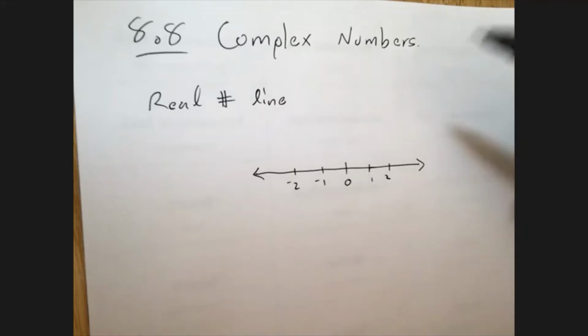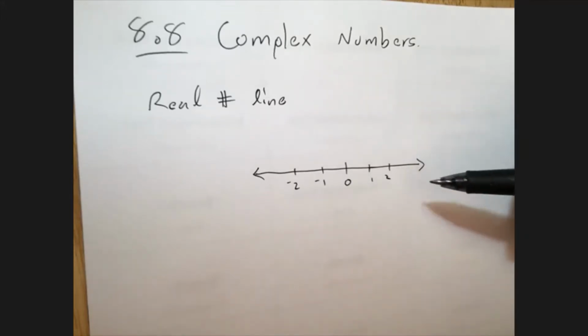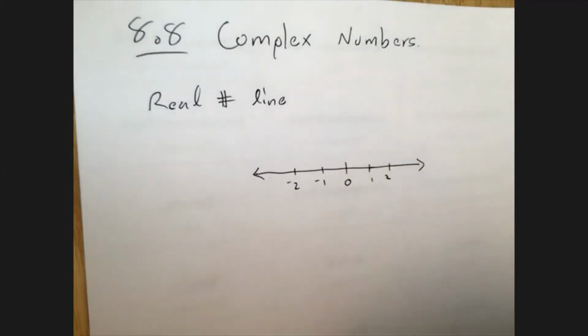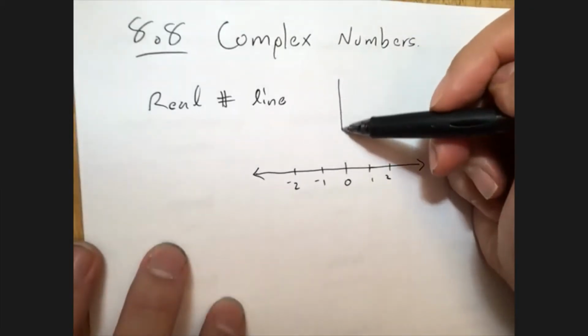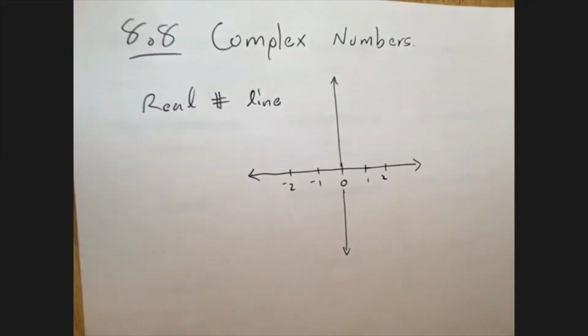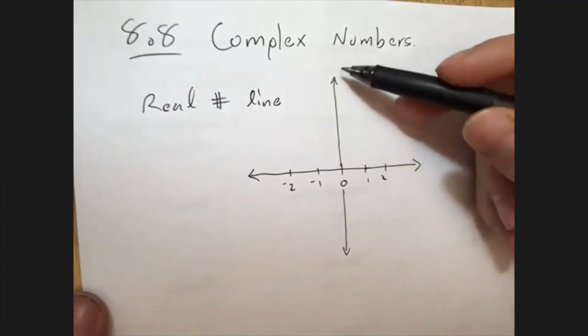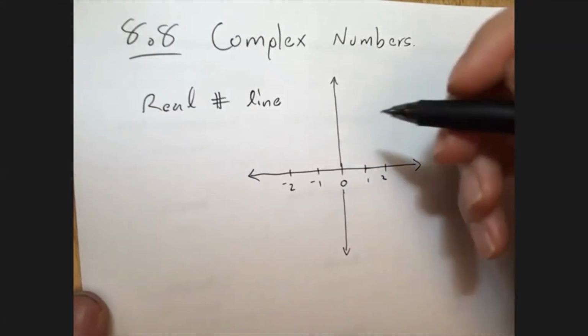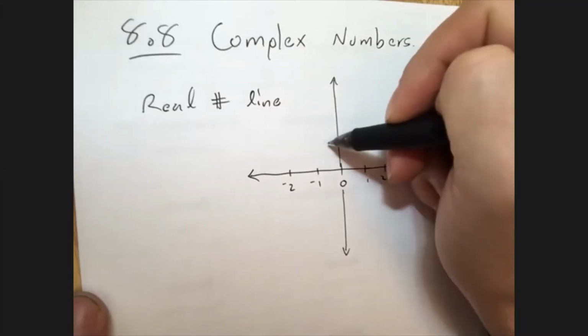Well, it turns out that you can expand off of the real number line and view even more numbers. And they live in the other direction. You can think of them as being orthogonal to the real number line, perpendicular. And instead of calling it 1, 2, 3, you call it i.